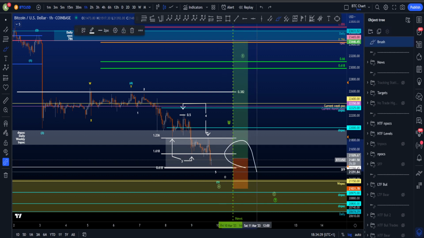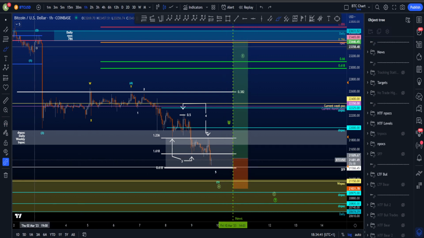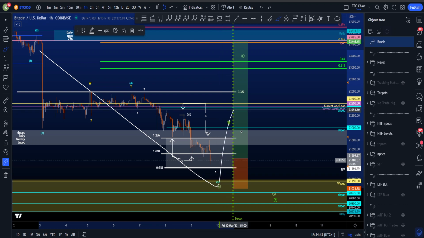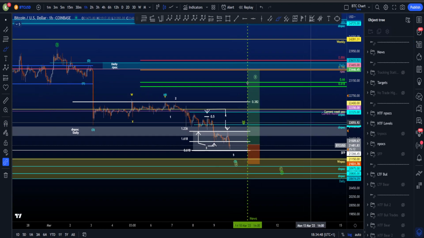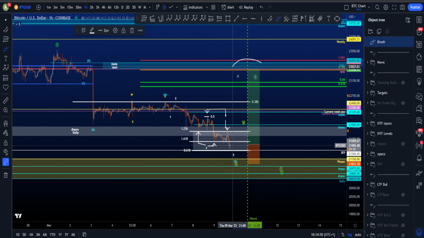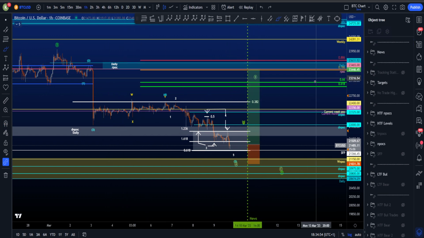And this is just a potential setup where we can then trade this 5 wave A up for the wave B and then move down for C. And then this B wave, a very nice target, would be the blue target box that we have over here, which is basically between 23.6K and 23.4K.